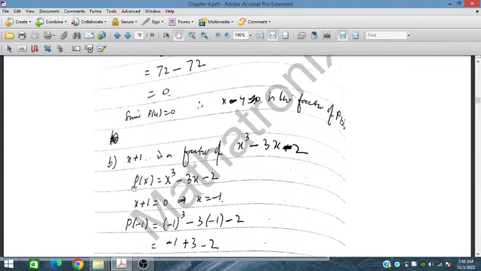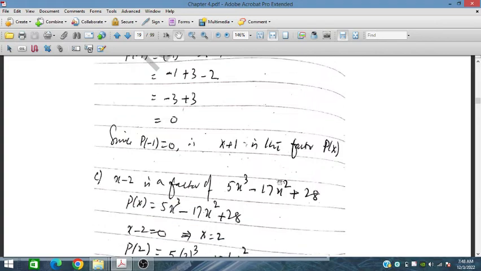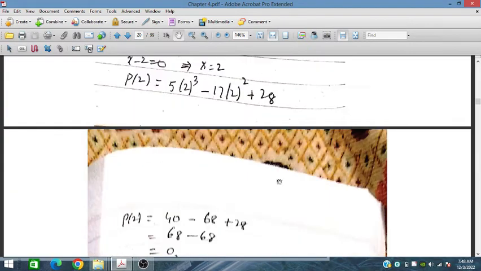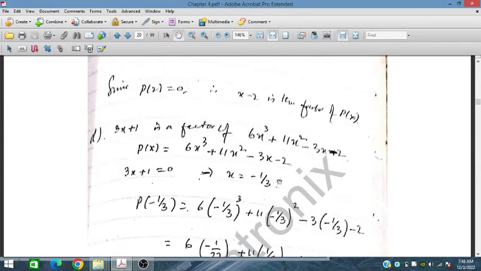Similarly, the next one. Let's start with this one. 3x plus 1 is a factor of 6x cube plus 11x square minus 3x minus 2. So this is our polynomial, and this 3x plus 1 is a factor. So this factor is 0, so from here we have 3x is equal to minus 1, and then divide by 3.